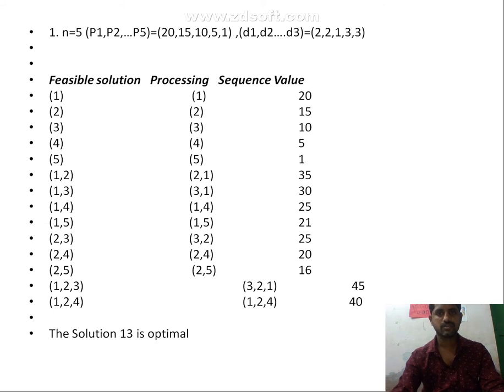For example, job 2 is 20 and job 2 is 15, there is no one, and 3 is 10, that is equal to 30, 45. So the solution 1, 3 is the 45. So solution 13 is optimal.